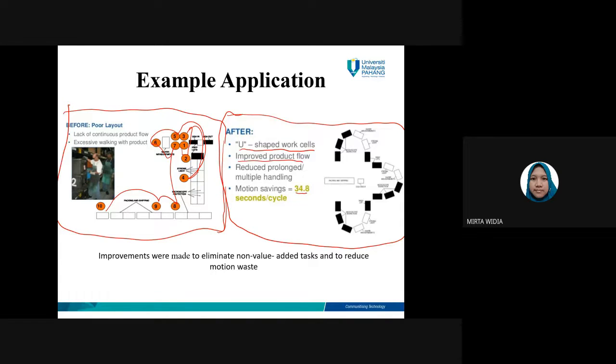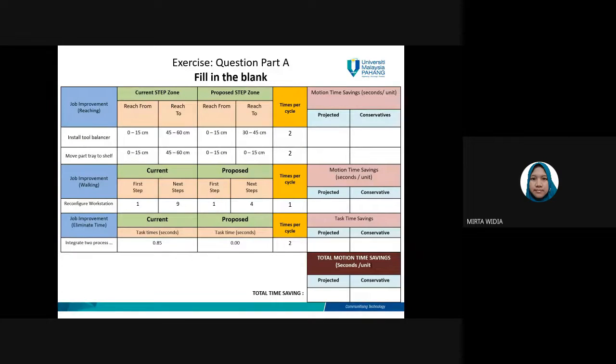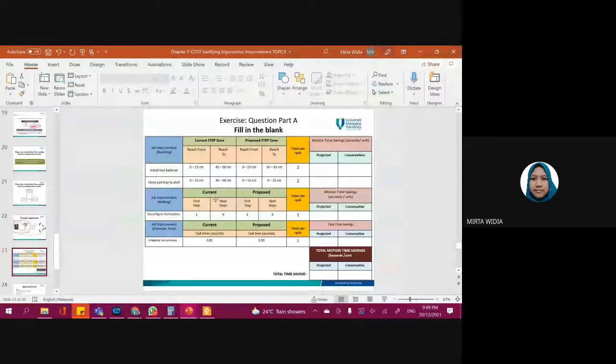Okay. Right. So this is the exercise. So maybe after this class, you can do this exercise. Jadi ada 2 exercise untuk malam ni yang boleh dibuat untuk melatih guna yang tadi, the Snook table. The second one here is the cost justifying ergonomics.